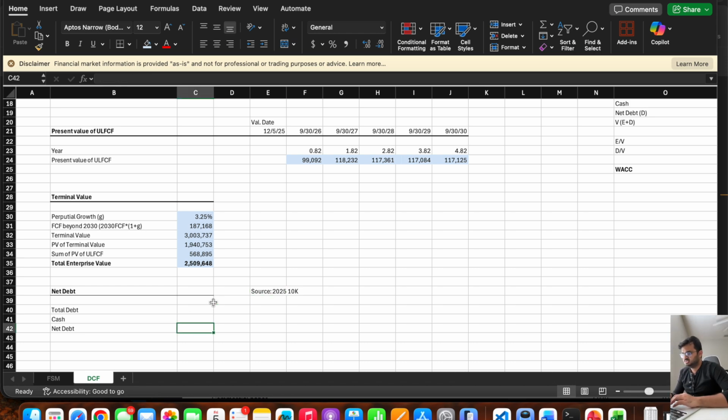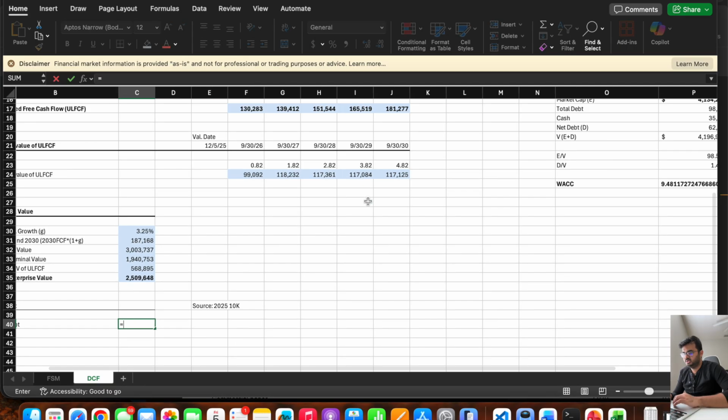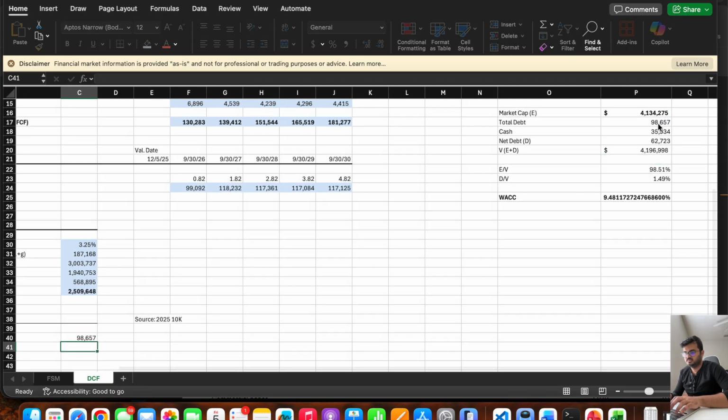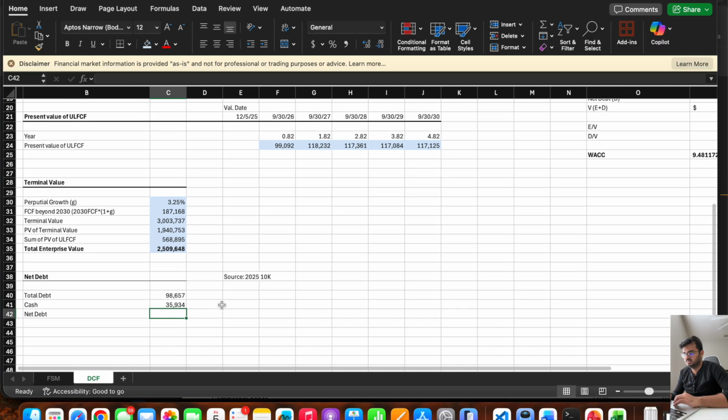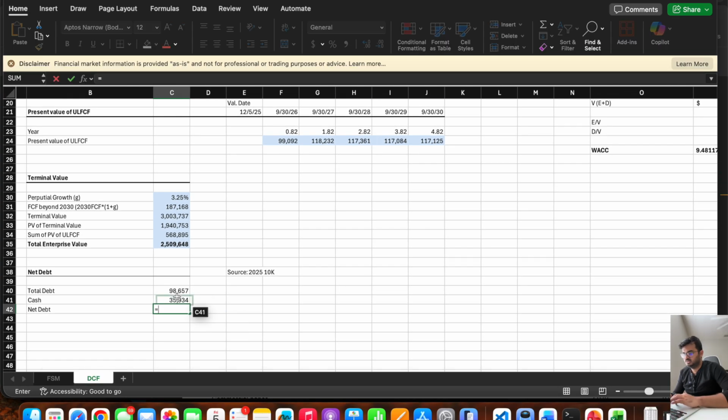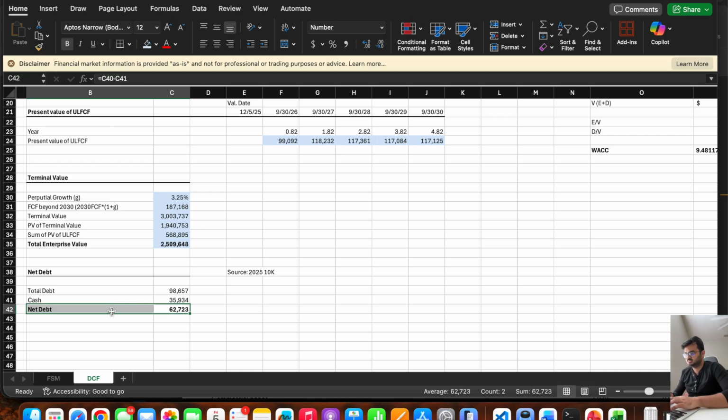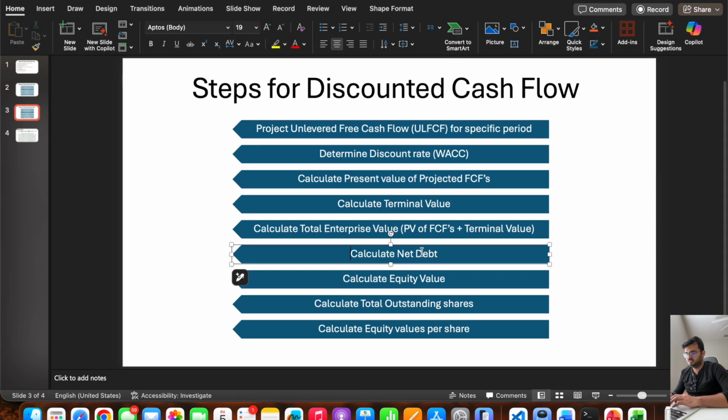So for this, I just need the total debt, which we already know from here, this number. Then the cash is this number. Then the debt is this guy minus this one. Okay. So the total debt which the company has is this much. Okay. Pretty much we are almost there.